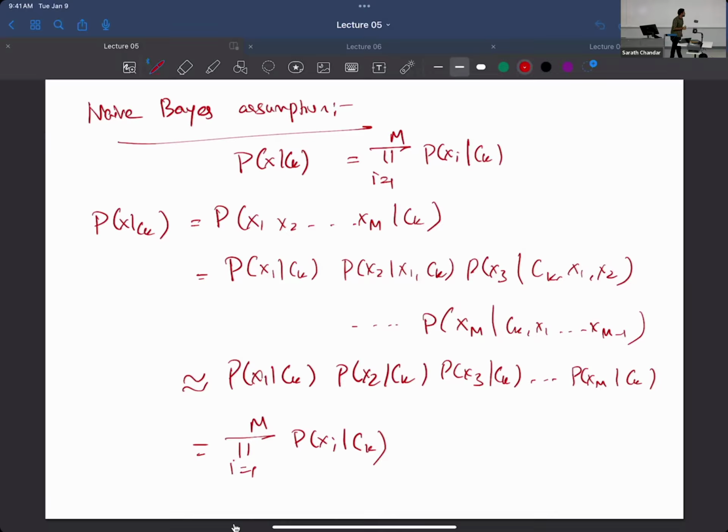People typically make some assumptions to reduce table size, right? So the strongest assumption that you could make is the naive-Bayes assumption. Which basically says that, okay, I'm going to model P of x given CK by the product of individual feature densities, right? So P of x given CK is modeled as the product of i equal to 1 to m of P of xi given CK.